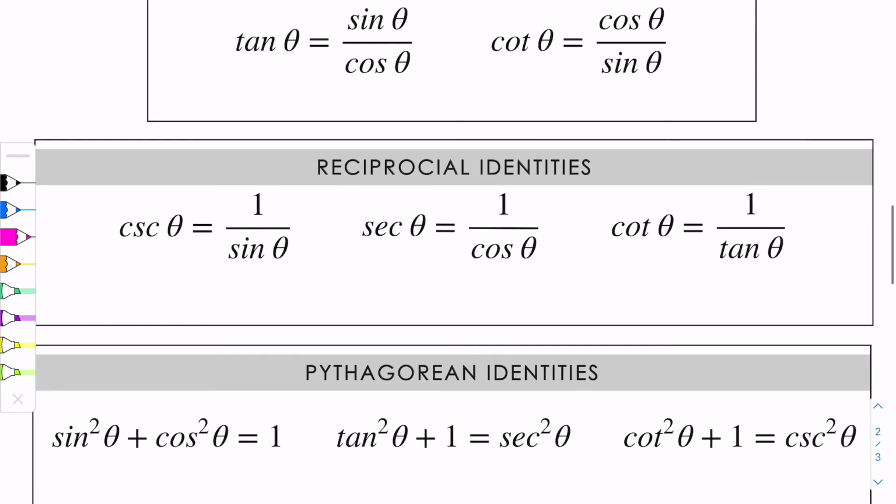Besides the quotient identities, we have what we call the reciprocal identities. We have also talked about these, but we have referred to these as variables as well. These go either way. So we either can say that cosecant of theta is equal to 1 over sine of theta, or you could switch this and say that 1 over sine of theta is equal to cosecant of theta.